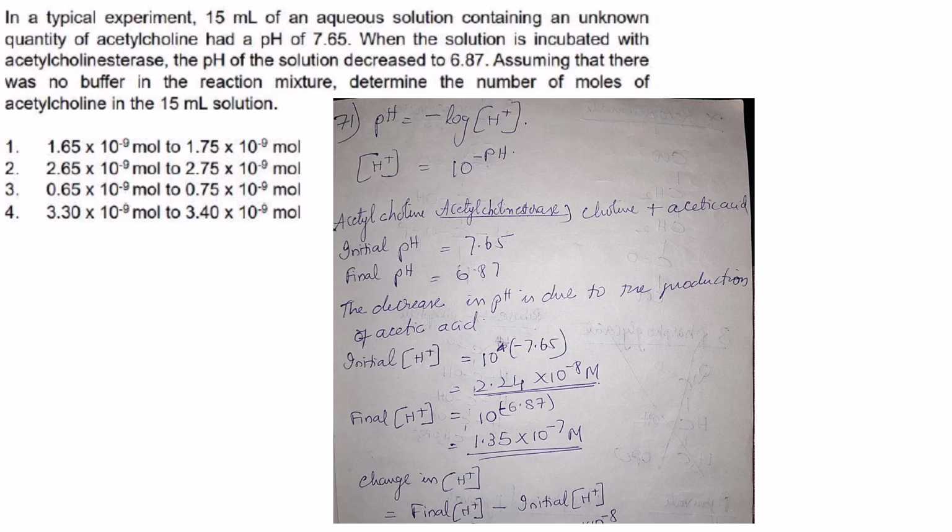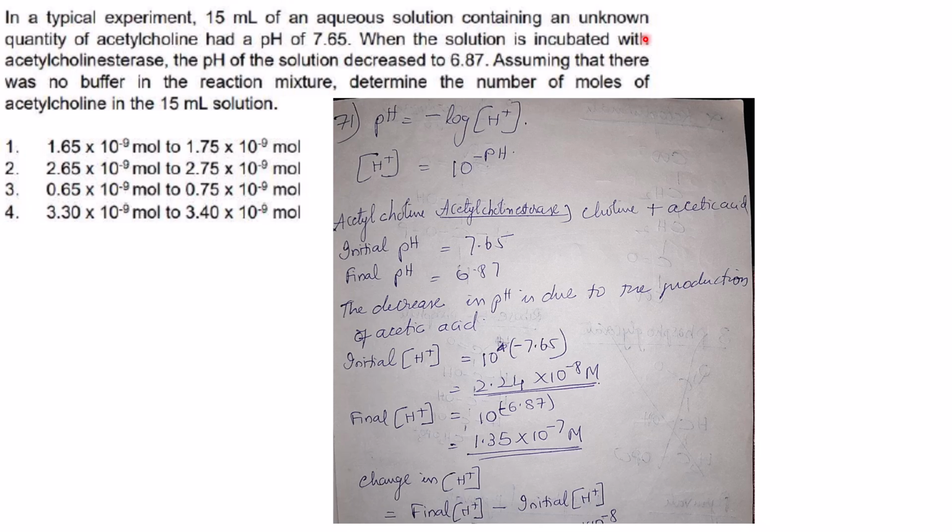So coming to the first question. In a typical experiment, 15 ml of an aqueous solution containing an unknown quantity of acetylcholine had a pH of 7.65.